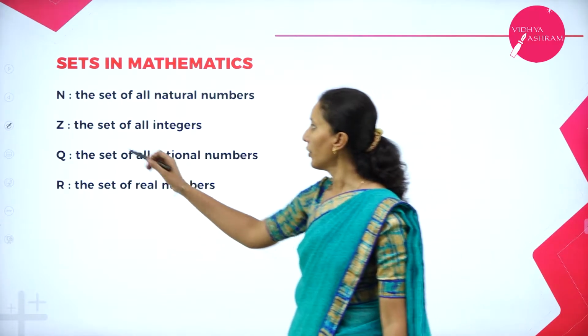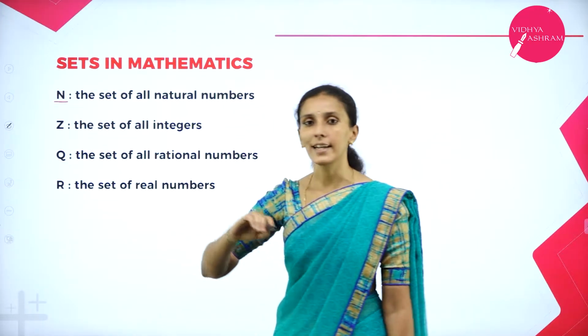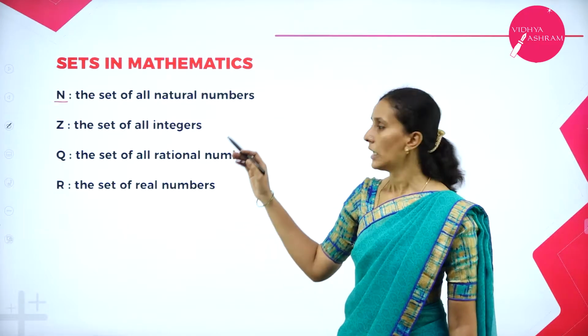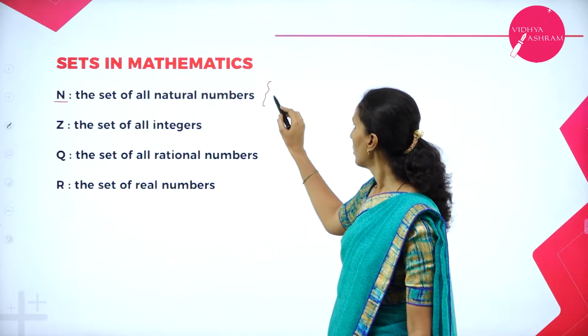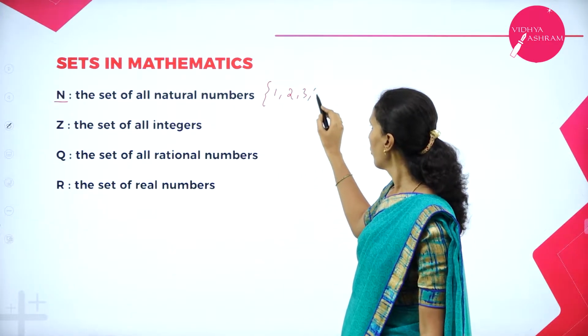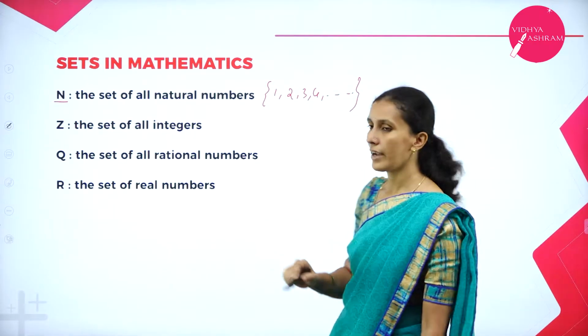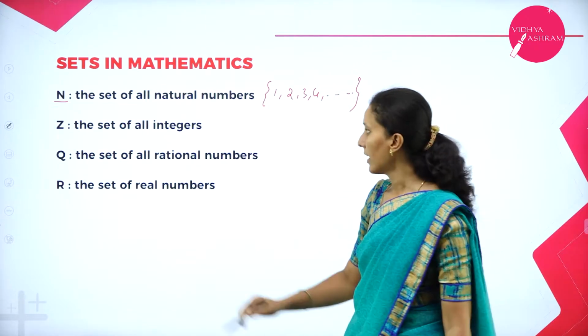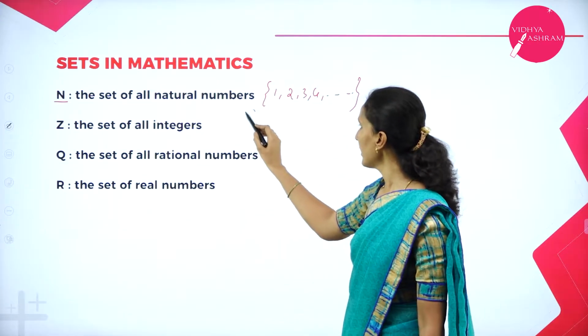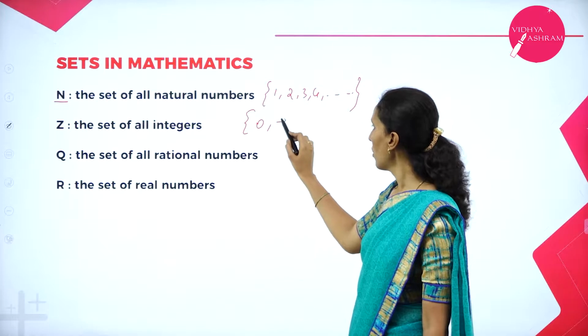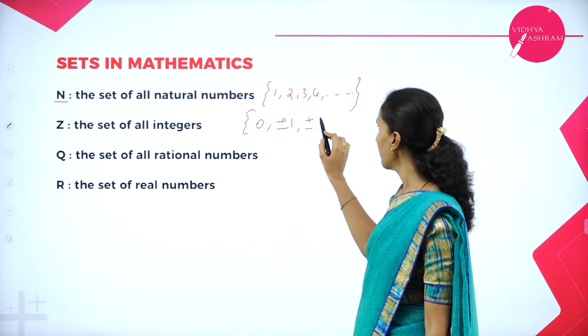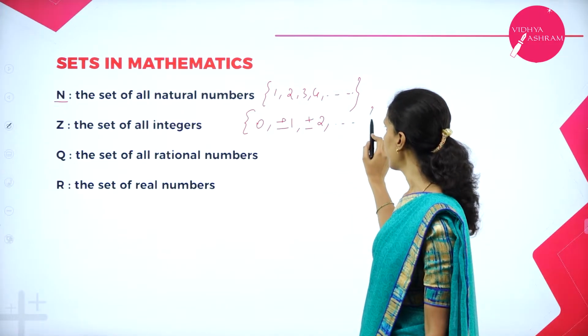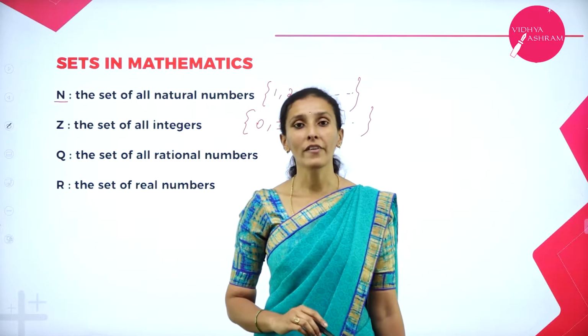We usually know that N denotes the set of natural numbers. Here 1, 2, 3, 4, etc. till infinite number of terms. So this is an example for a set. And integers. So integers contain the number 0, positive and negative numbers, etc. The set of all rational numbers.